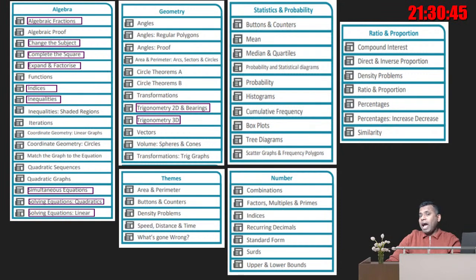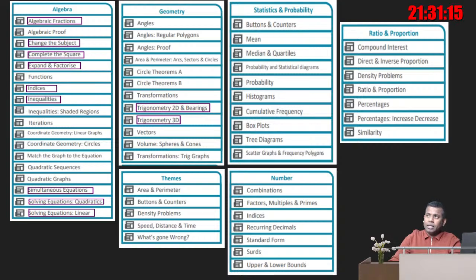In the first class we did the algebra sections: algebraic proof, changing the subject, completing the square, factorizing, expanding brackets and indices, inequalities, quadratic inequalities, simultaneous equations, solving simultaneous equations using calculator functions, simultaneous equations with quadratics, and solving linear equations.